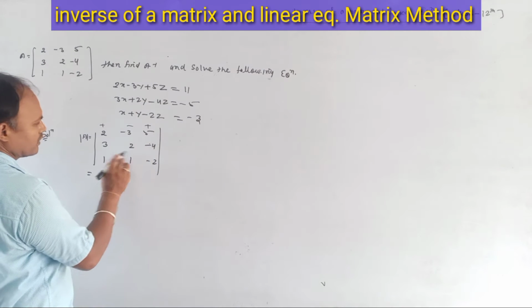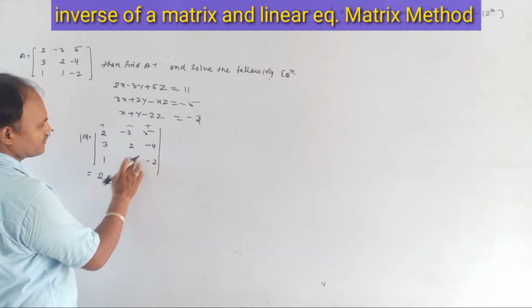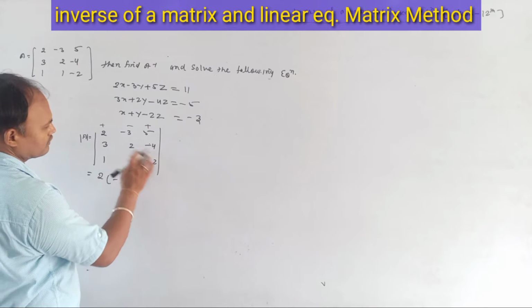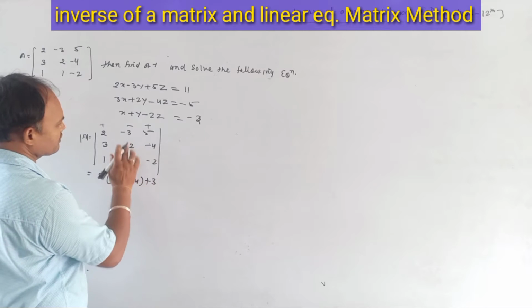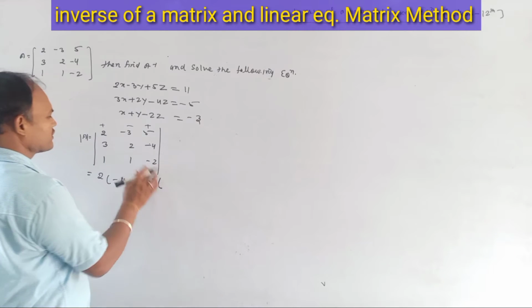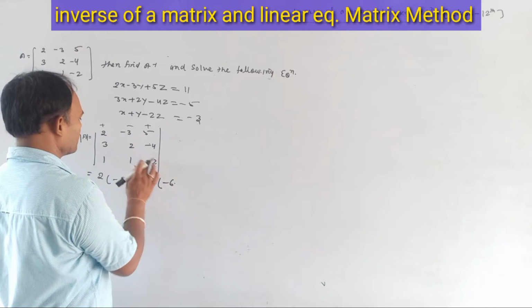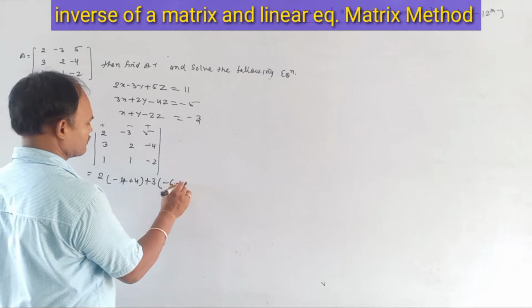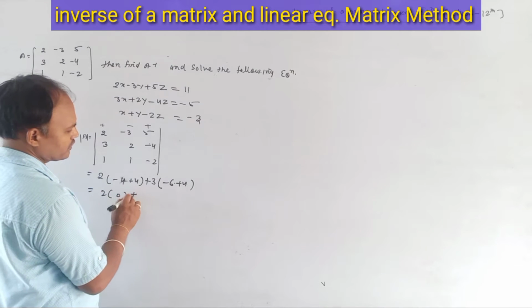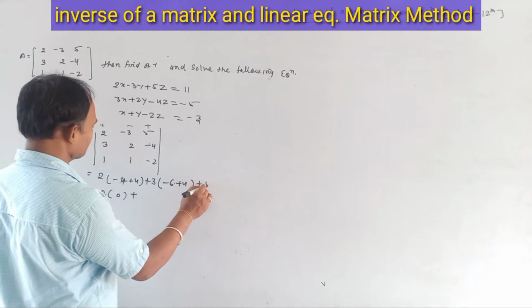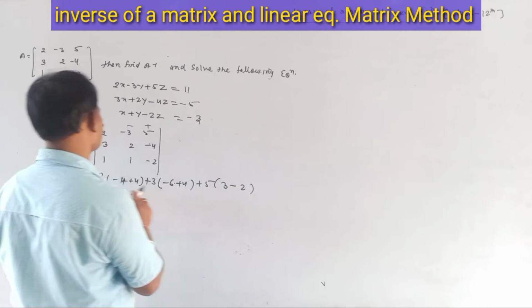So it is 2 times (minus 4 plus 4), then minus of minus 3 times (minus 6 plus 4), which is plus 3 times minus 2, and then plus 5 times (3 minus 2).